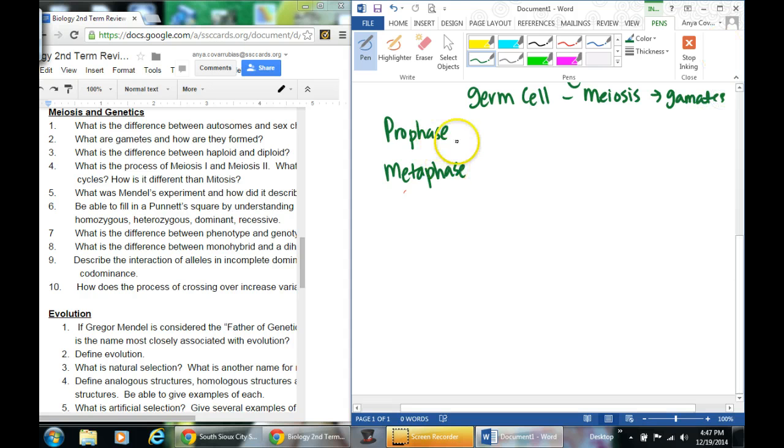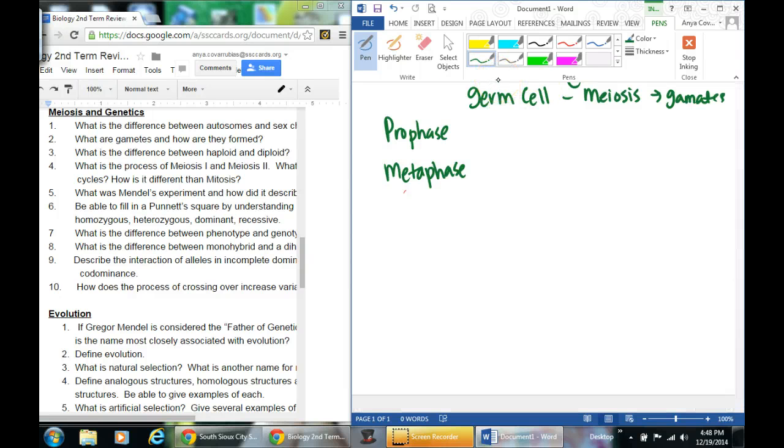Okay, so prophase, same thing's going to happen. All of our chromosomes are condensed, except now in a germ cell, we actually have double the amount of DNA. We actually have our mom's and our dad's DNA in our germ cells.